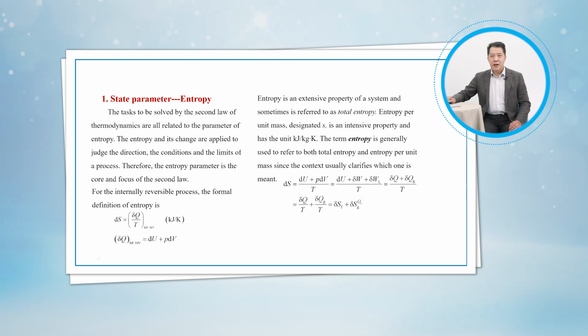The change of entropy for the internally reversible process then is: we then have entropy flow, and we have entropy production.